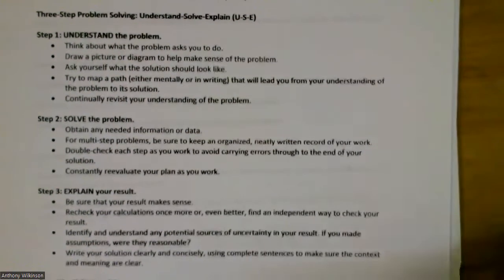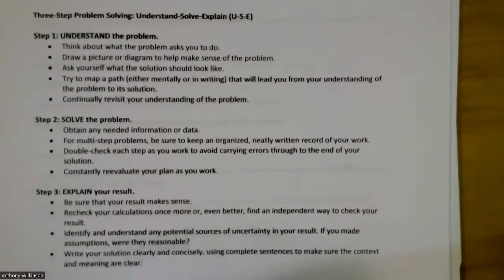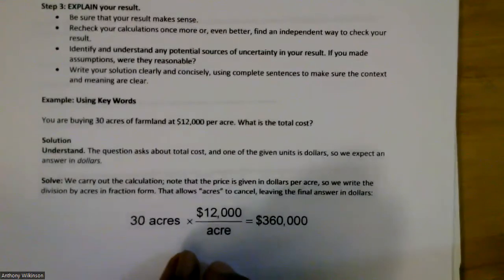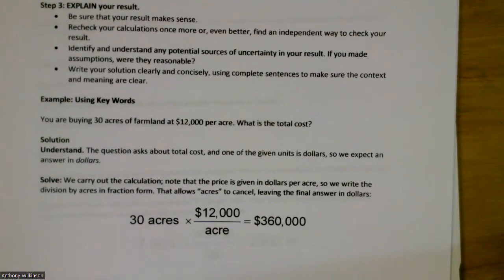All right, so here's a couple of examples that we're going to look at. In this example, using keywords is also helpful. You're buying 30 acres of farmland at $12,000 per acre. What is the total cost? So here we can apply that understand, solve, explain process.